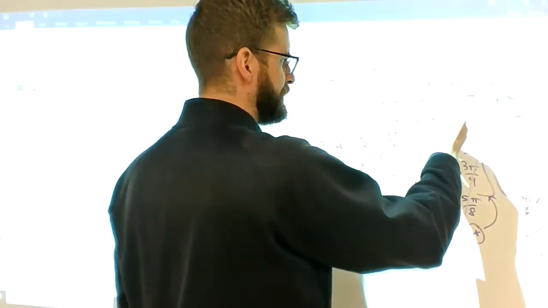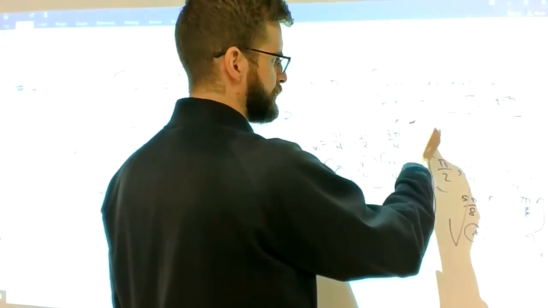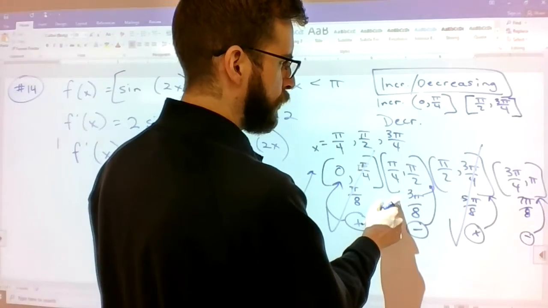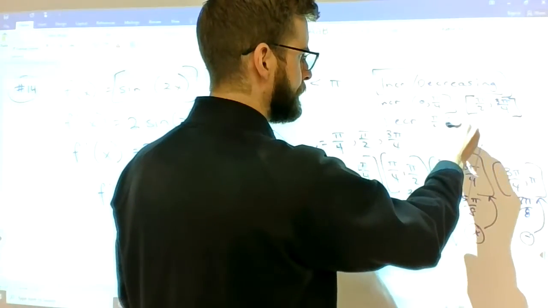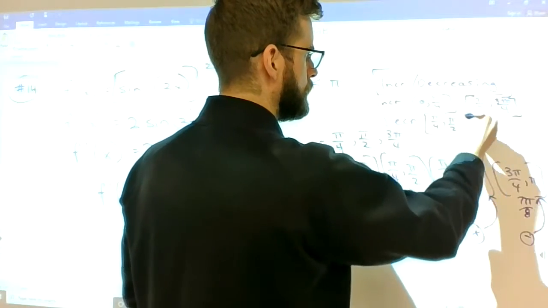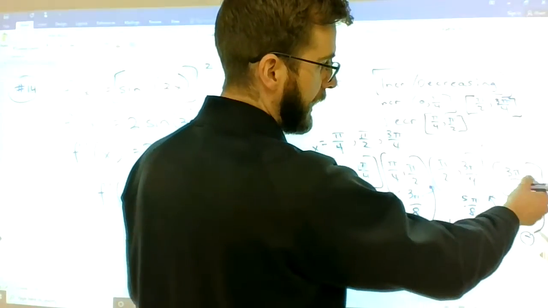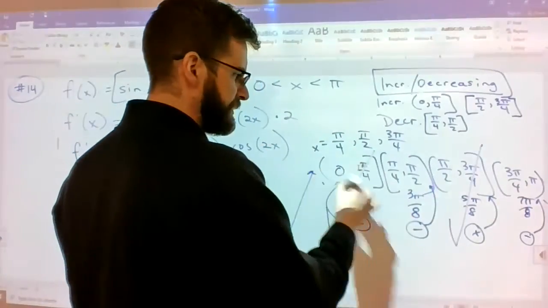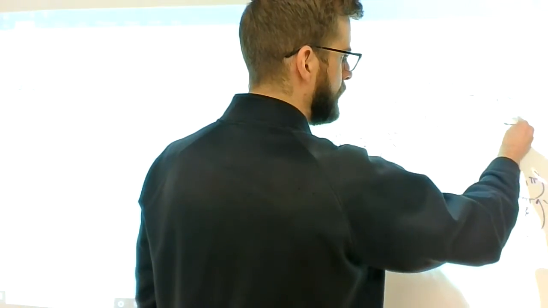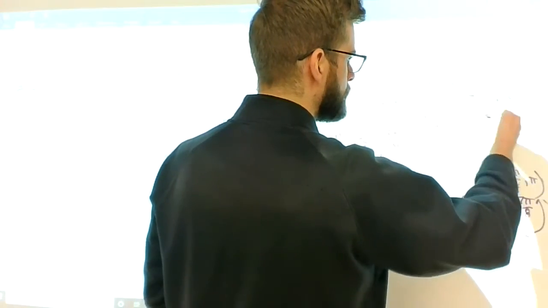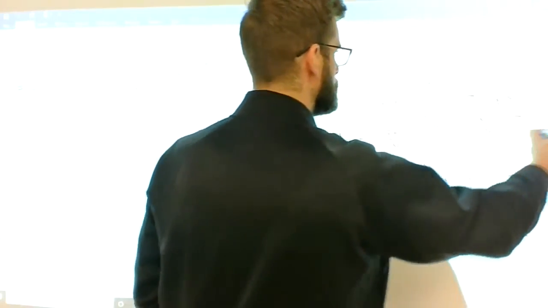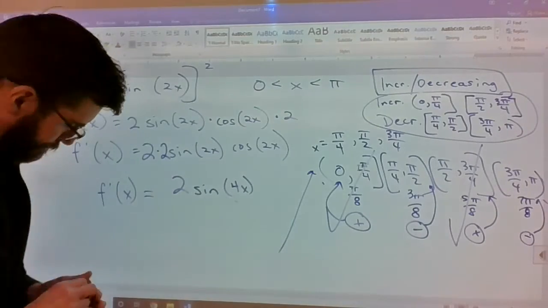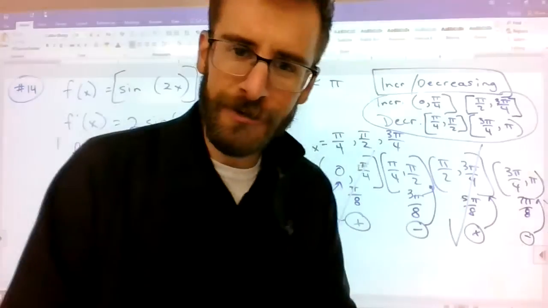It's going to be decreasing, yeah, pi over 4 to pi over 2, and then 3 pi over 4 to pi. No bracket, parenthesis. No bracket, parenthesis. My apologies. Wow, okay. That was just the intervals of increasing and decreasing.